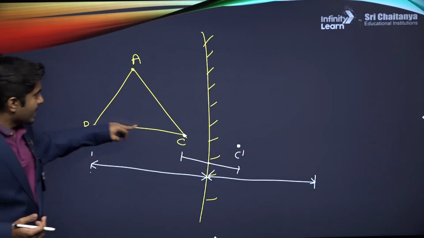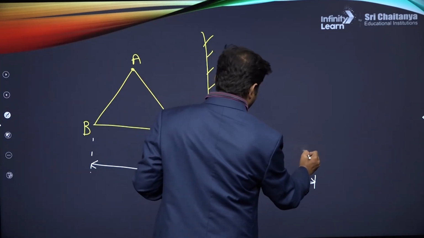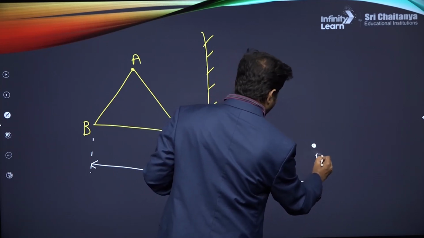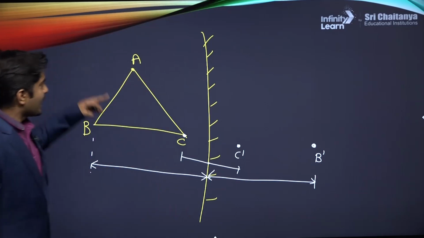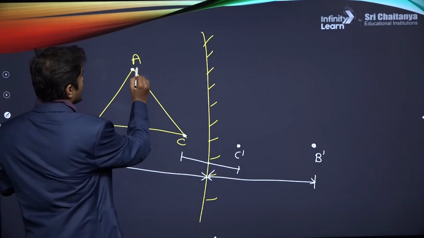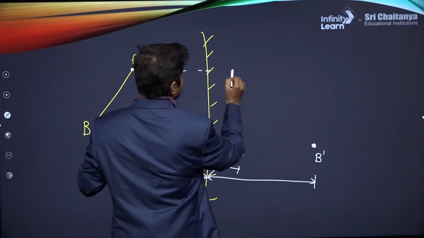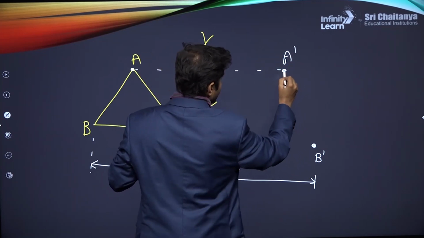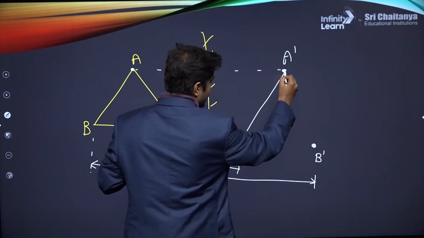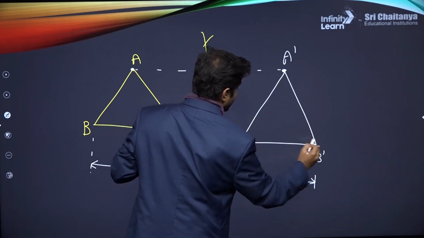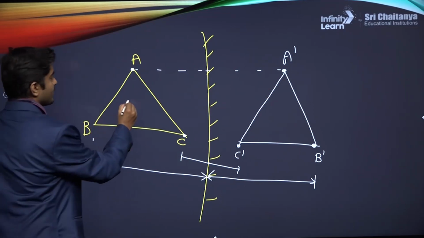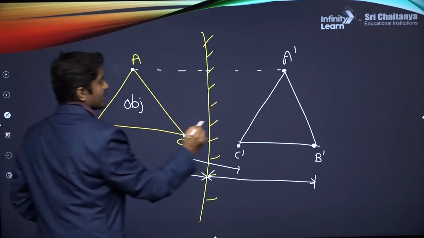For this point B, on the same line, you'll get an image somewhere here. There's B prime. And for this A, you can get an image somewhere here. There's A prime. So just connect these dots. So if this is an object, for this object, what we get is there's an image.